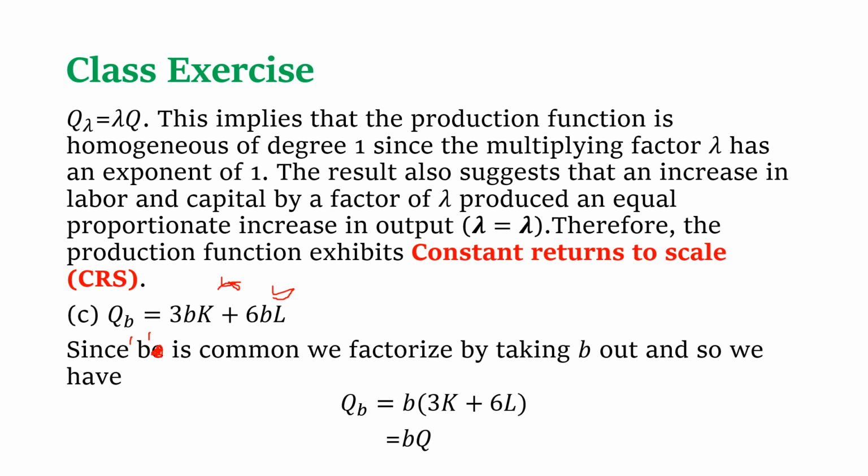Now, 3K plus 6L is the same as the output of the production function. That is equal to Q here. So QB equals BQ. So in this case, the degree of homogeneity is 1 because B is raised to the power 1. And so the returns to scale is constant here. So this production function also exhibits constant returns to scale.